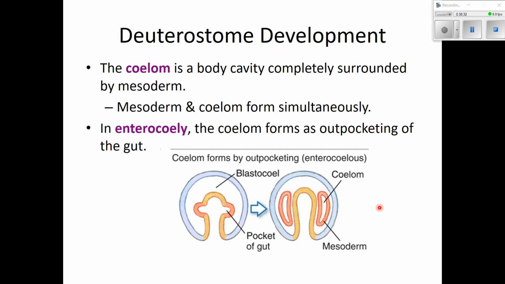In a deuterostome, the mesoderm actually begins as an outpocketing of the endoderm. So here's the archenteron, and at some point, little pockets sort of fold out from the sides of the endoderm, and eventually that pinches and separates and becomes a distinct layer, the mesoderm.